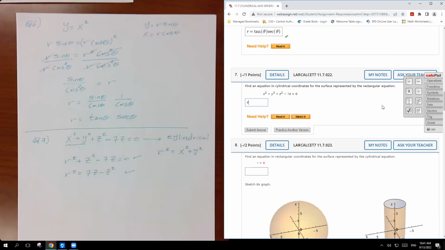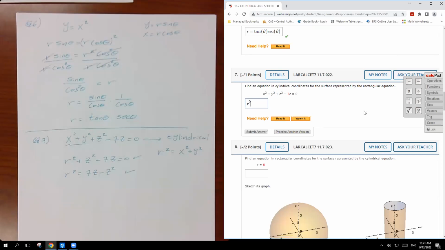Let's check the first one: r squared plus z squared minus 7z equals 0. This one's supposed to be right.